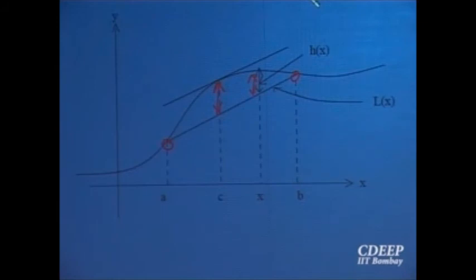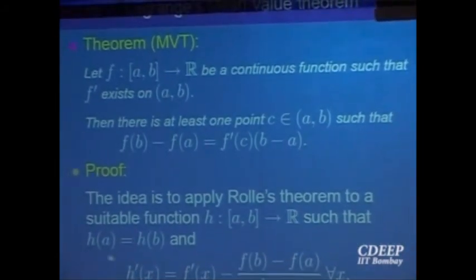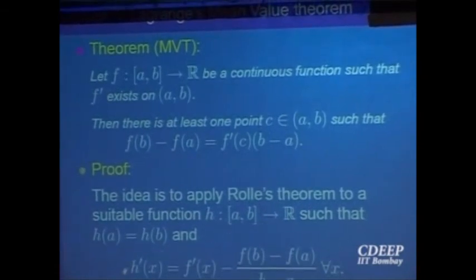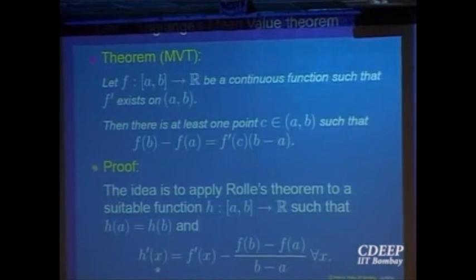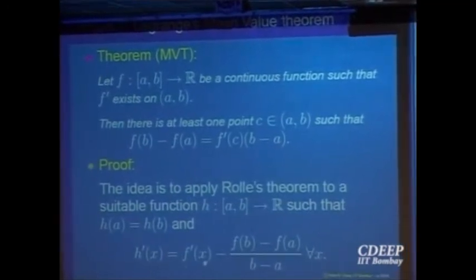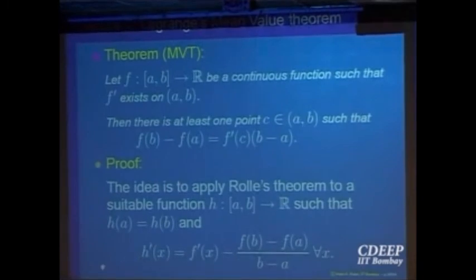So I want to define the function which is nothing but the difference of f(x) minus the line joining these 2 points. We know the equation of that line, so let us write down the value of that function. I want a function h such that h of a equals h of b. The difference will have that property, and the derivative should be equal to 0.